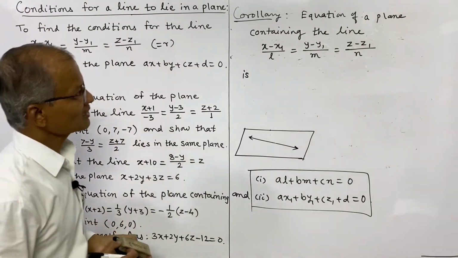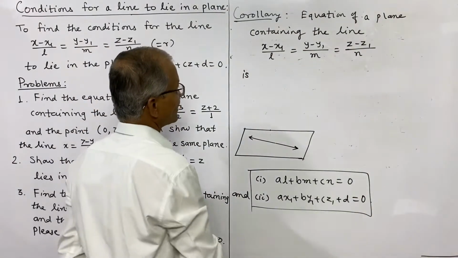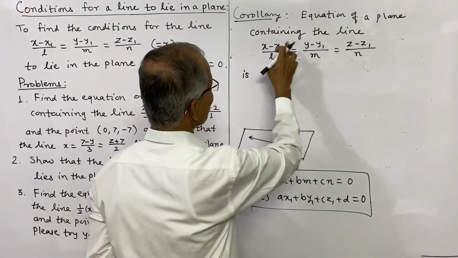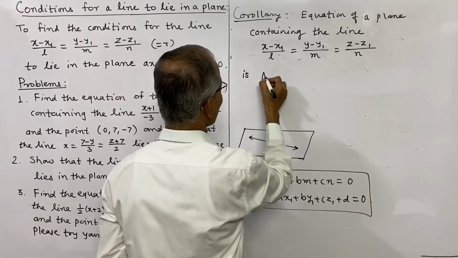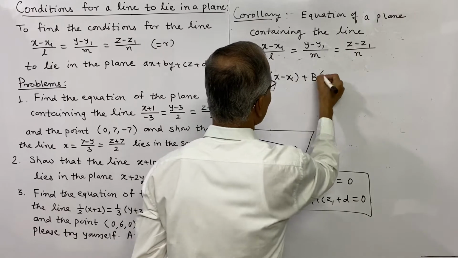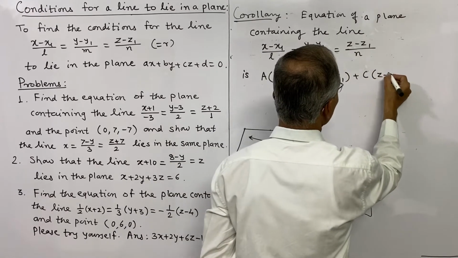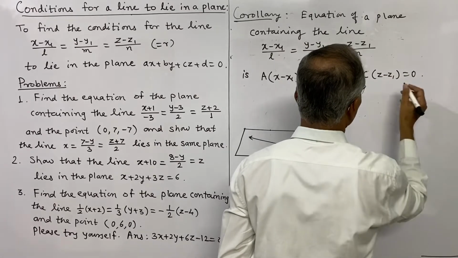But suppose capital ABC are the DRs of the normal. Then the equation of a plane containing the line can be written as A(x minus x1) plus B(y minus y1) plus C(z minus z1) equals 0.